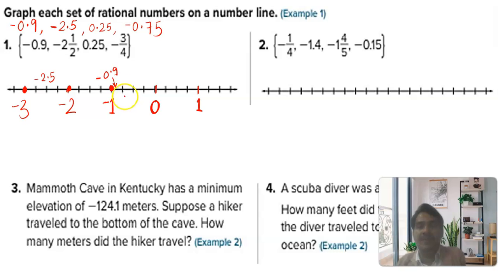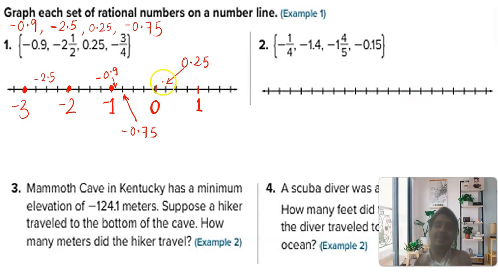Then we have negative 0.75, which is negative 3/4, and then we have 0.25. 0.25 is this one. So this is how you arrange them on a number line. Cool, let's see the next one.